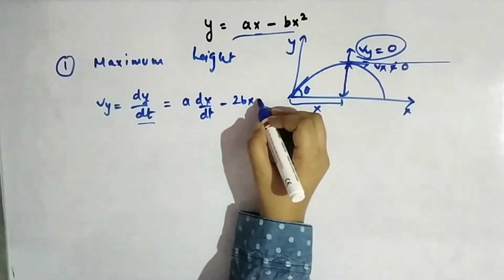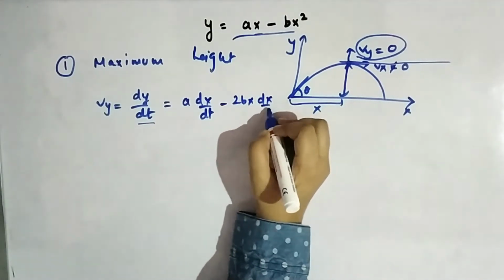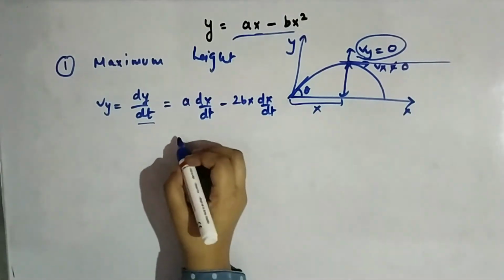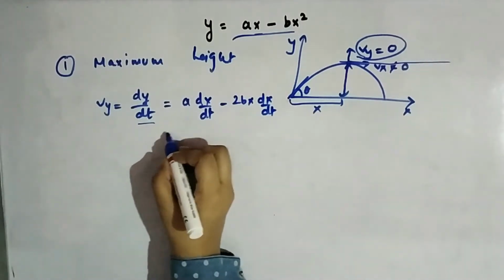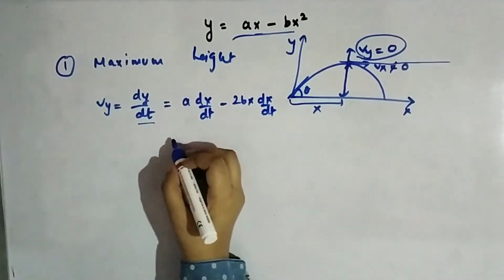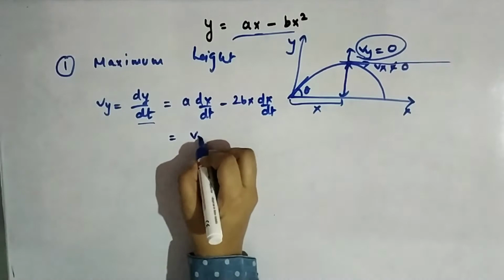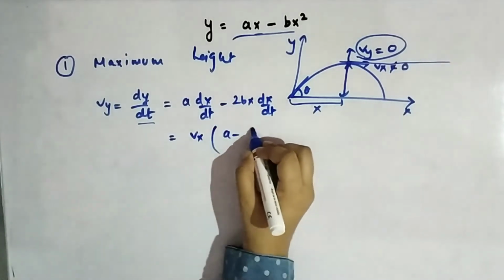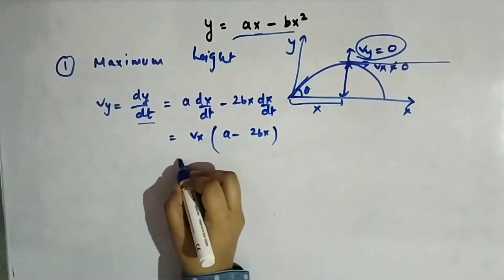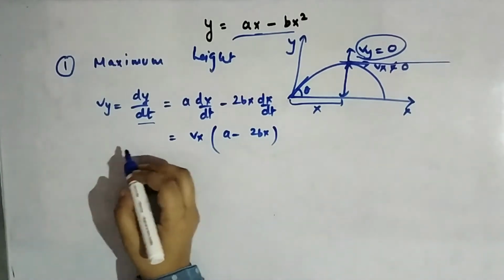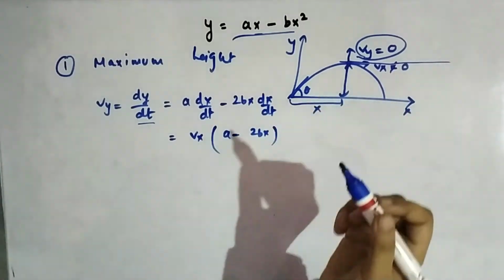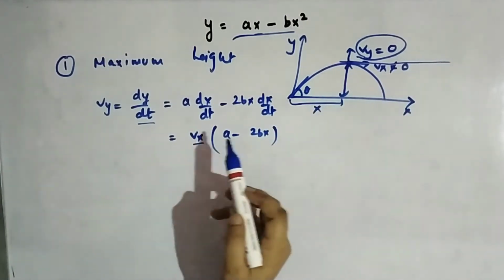This will be this, then dx by dt. Now dx by dt is nothing but vx. So vx will be written as common, a minus 2bx. Here at maximum height, the vx is non-zero.